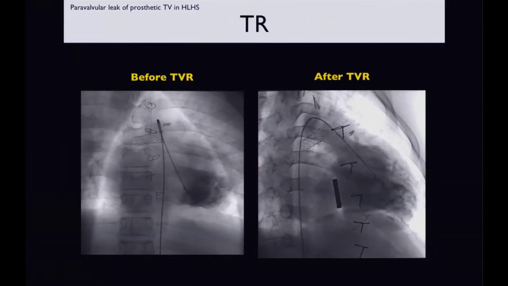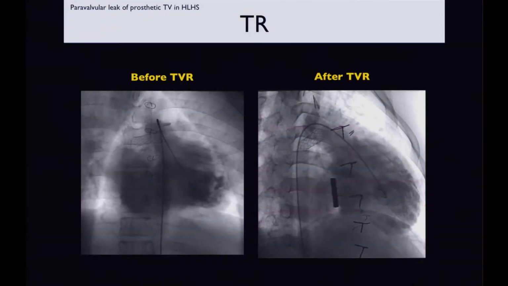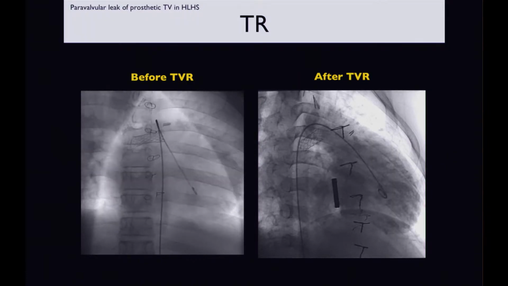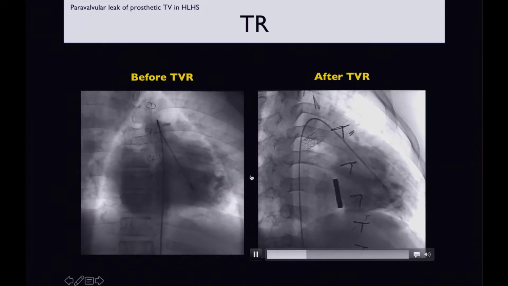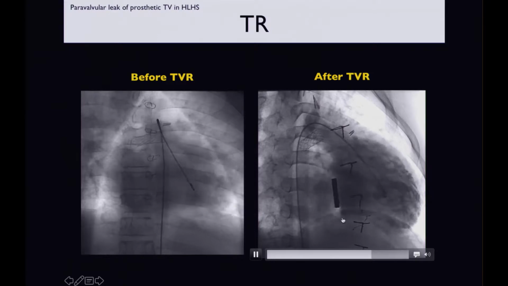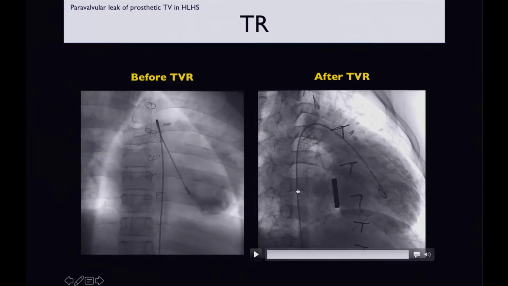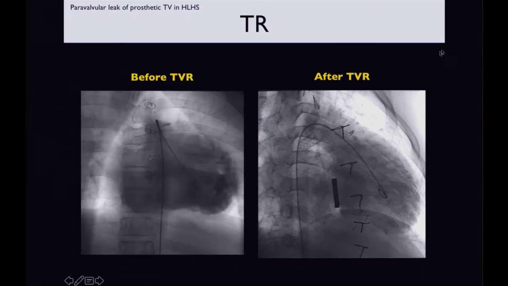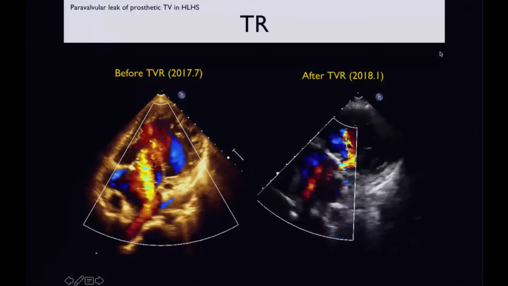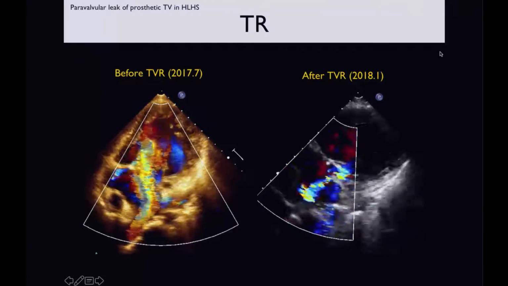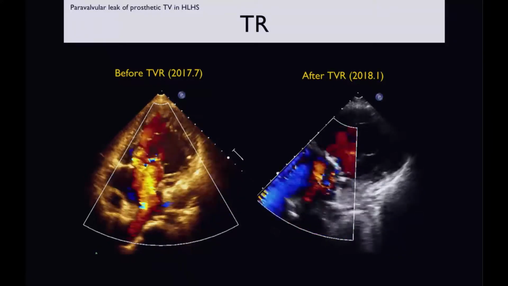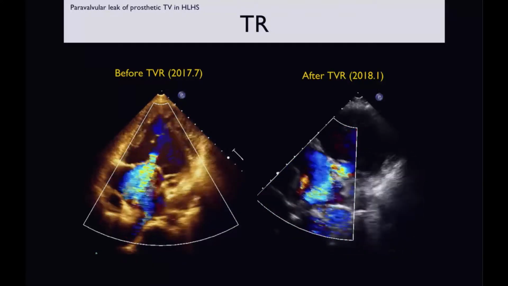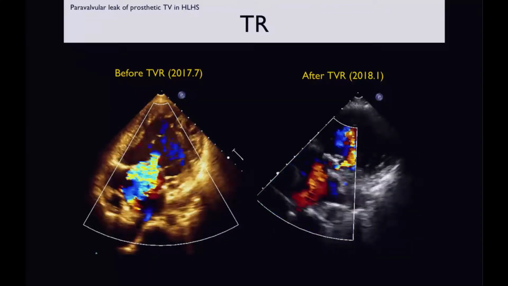This is the RVG, the right side before TVR showing significant TR, and this is after the TVR. This is the prosthetic valve. The echo shows the left side before TVR and the right side after TVR, where you may see a significant residual leak at the paravalvular leak.